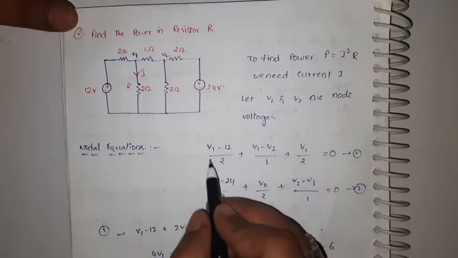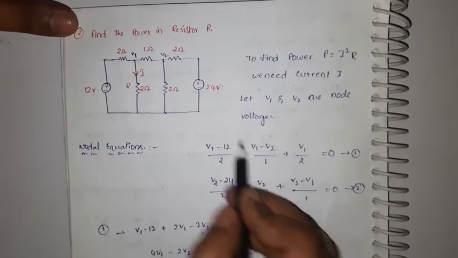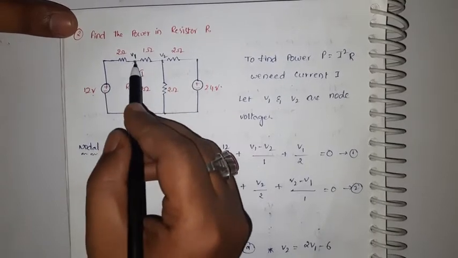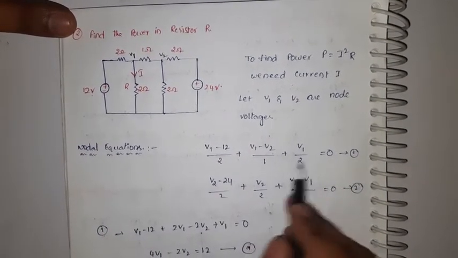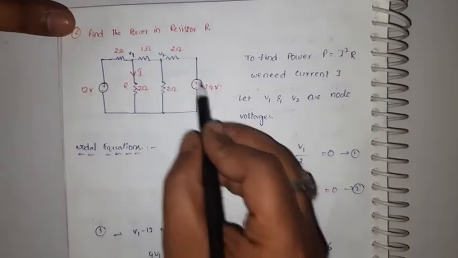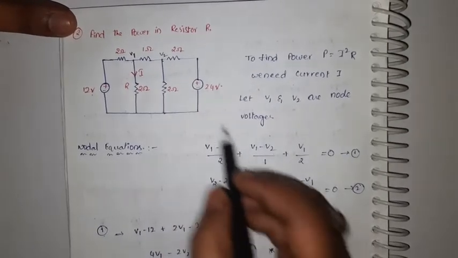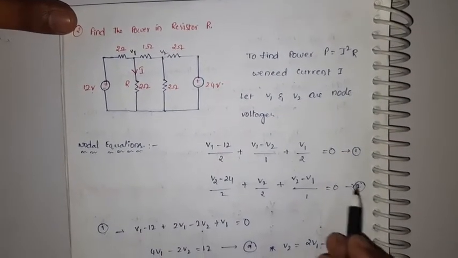So what are all the nodal equations? (V1 minus 12) by 2 plus (V1 minus V2) by 1 plus V1 by 2 is equal to 0 is the one nodal equation, and (V2 minus 24) by 2 plus V2 by 2 plus (V2 minus V1) by 1 equal to 0. This is the other nodal equation.